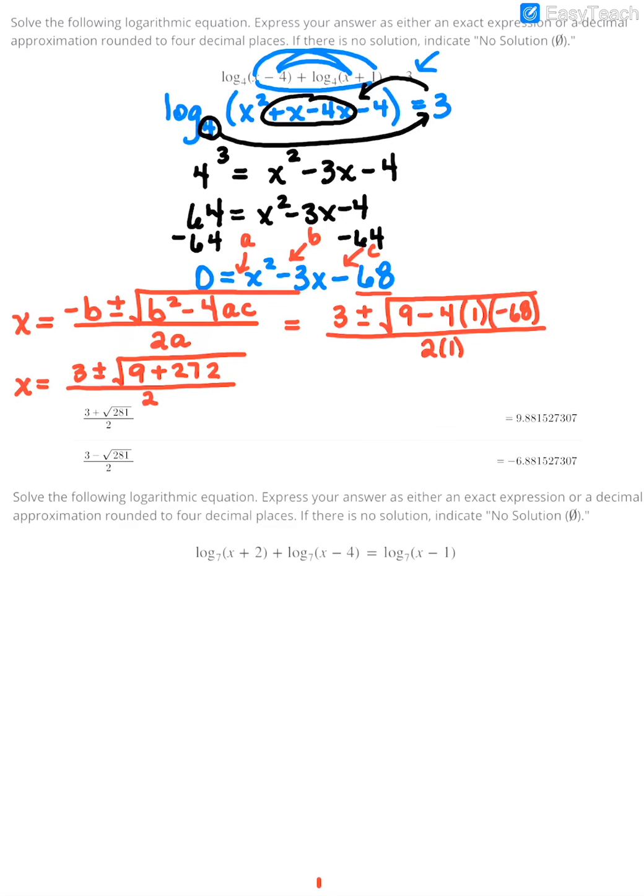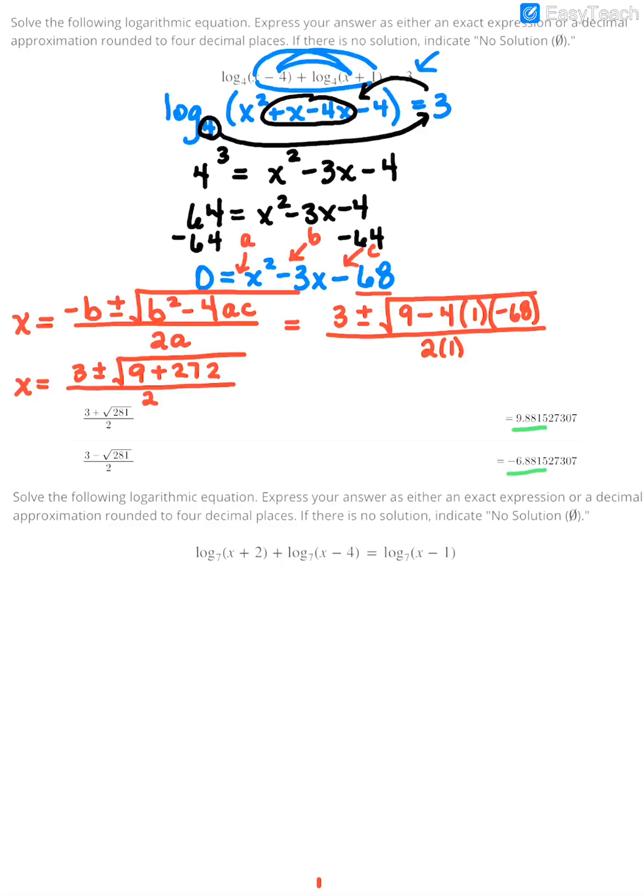And at this particular point, since they are asking for answers with a decimal approximation, I just went ahead and punched it into my Desmos scientific calculator. So when I did the 3 plus the square root of the 281, I got an answer of 9.8815. And when I did the 3 minus that square root of 281, I get a negative 6.8815.